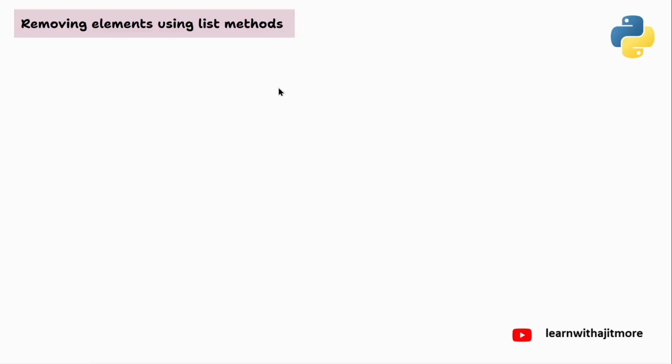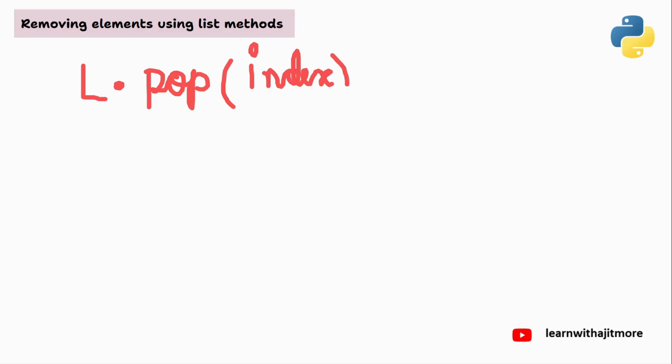तो removing elements using list methods. There are a few methods. उसमें से एक है pop, l dot pop, and you have to give the position, that is the index. Okay. So whatever index you give, the element at that index is removed, माने delete हो जाएगा. Deleted element return होगा, याद रखना.